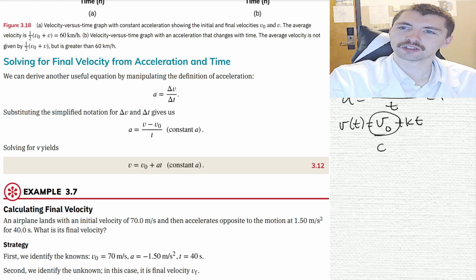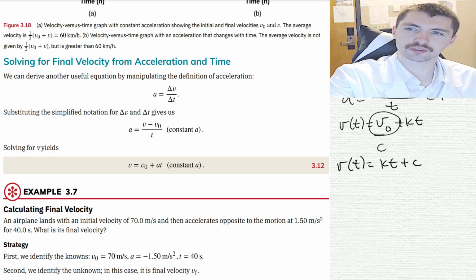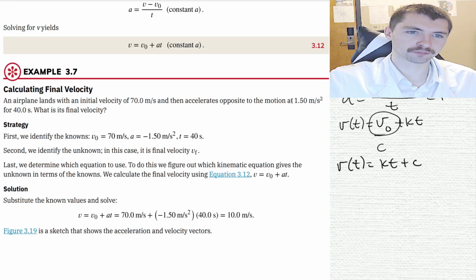Okay, so v(t) equals kt plus c is another way of writing this.